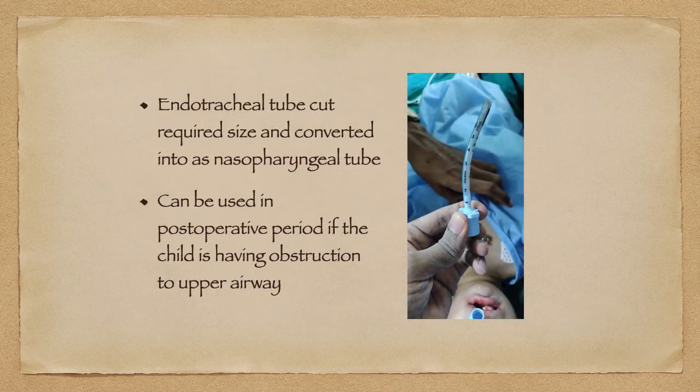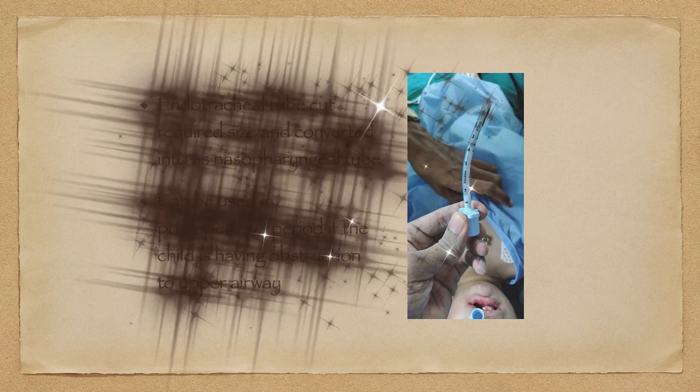What we have done here is we have cut the endotracheal tube according to the required size, and then we have used this as a nasopharyngeal airway. This can be done whenever you don't have a nasopharyngeal airway with you.